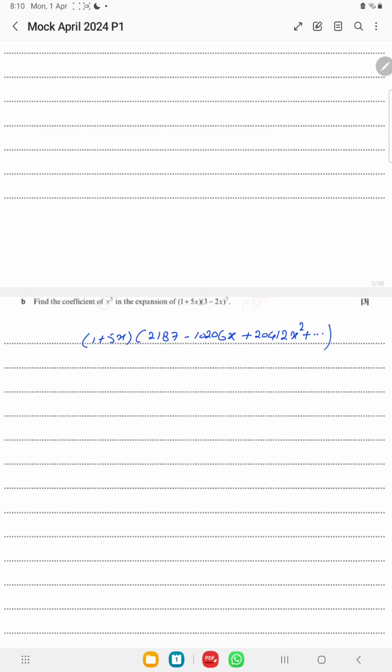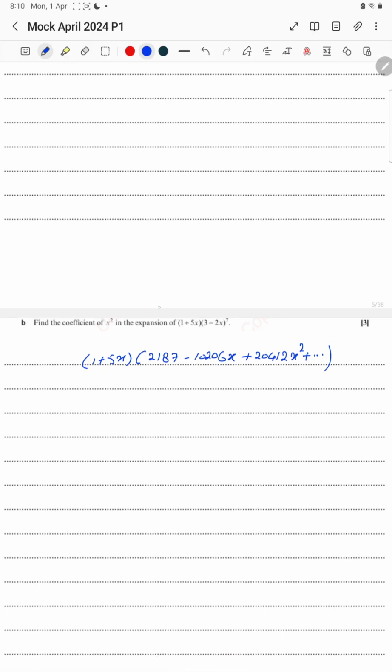Okay guys, question number 4, part B is given: find the coefficient of x square in the expansion of this. So I wrote 1 plus 5x as it is, and from the first part the result obtained for the first three terms I wrote it here. Now I just need to write, instead of the full expansion, only the terms involving x square.